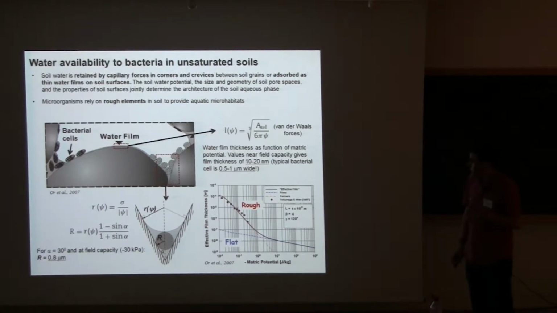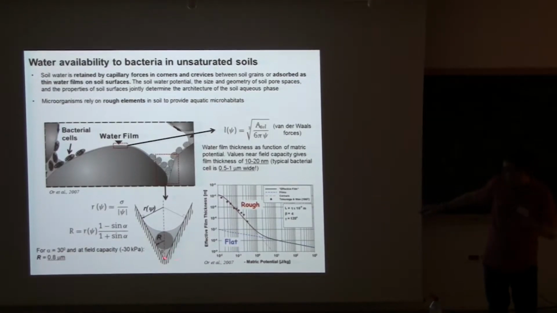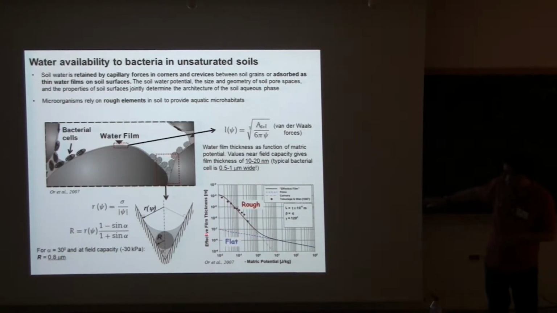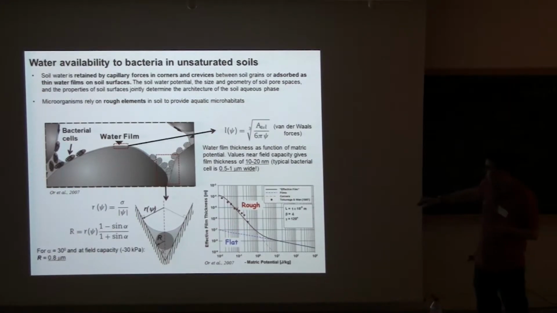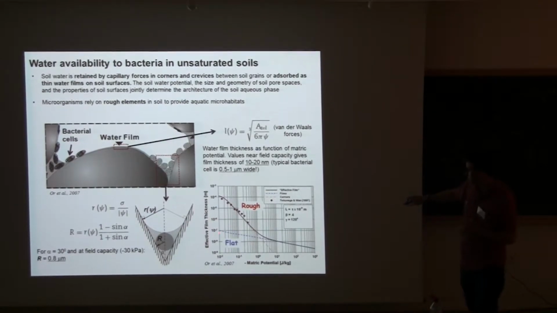This is also shown in this graph, where we have both model results and empirical results of the effective film thickness as a function of the matric potential. If you assume a perfectly flat surface, you'll see that the film is always very thin. Maybe you cannot read it, but this is 10 to the minus 7 meters, which is 100 nanometers.